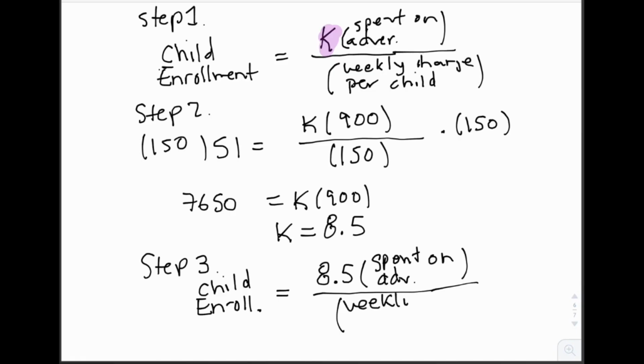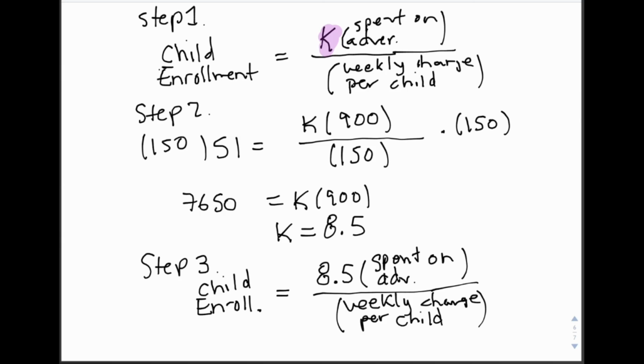So weekly and then charge per child. All right, so now that we've completed step 3, we can combine step 4 and step 5, substitute our second set of values, and then find our unknown.